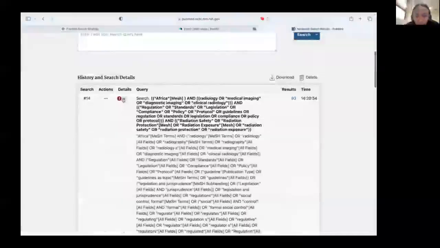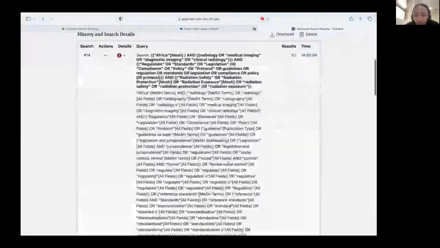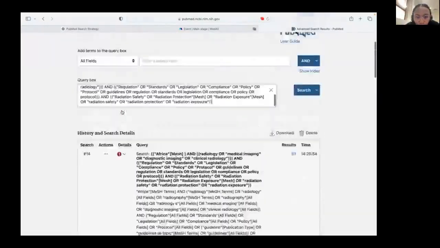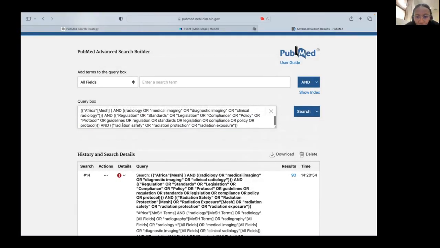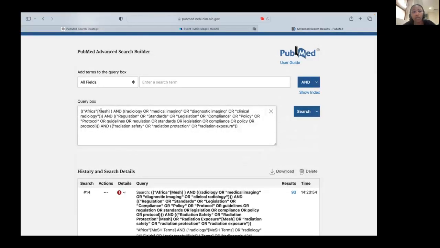There are a few errors which we would need to improve. Basically, I'm trying to go through them to see if there's any term that would be unnecessarily limiting.